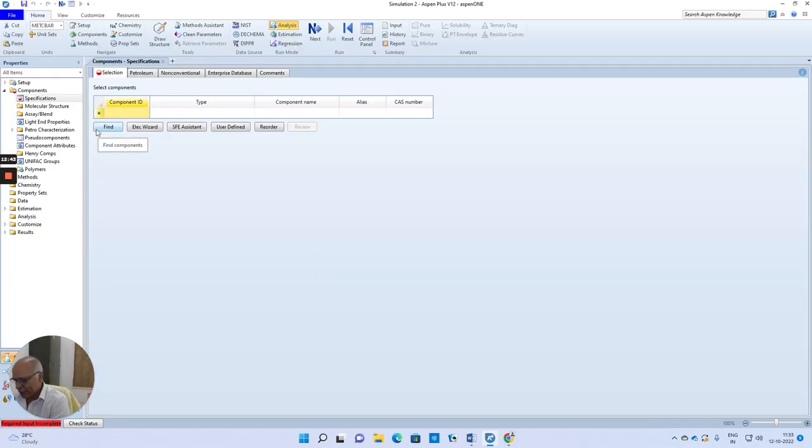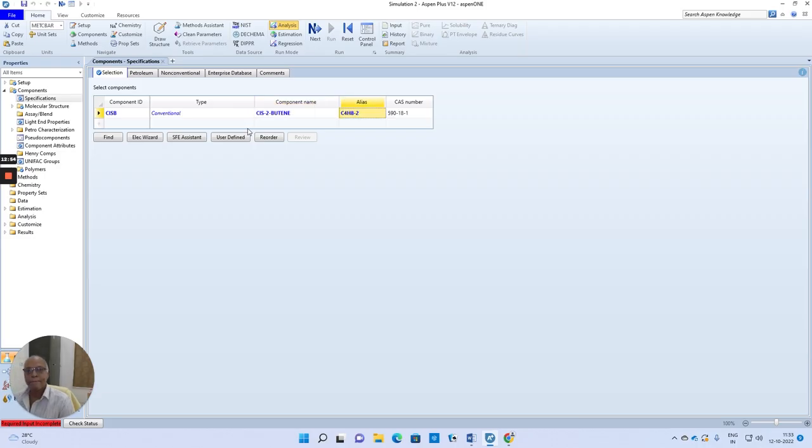So let us define the components as we have done in the previous case. So this is cis-2-butene and trans-2-butene.